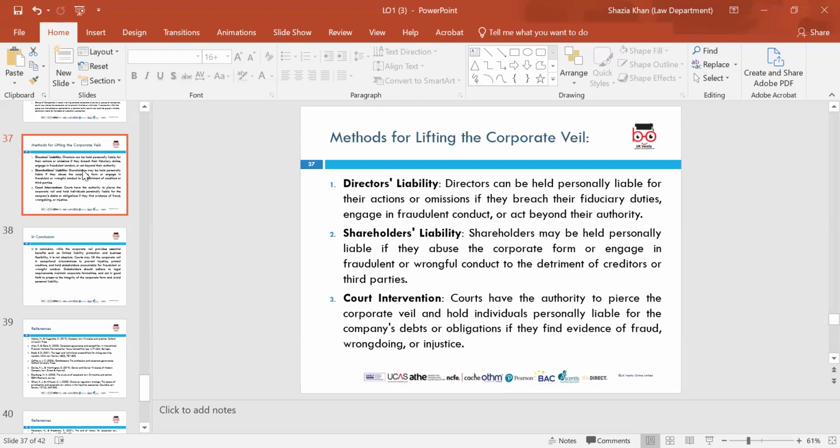Shareholders' liability. Shareholders may be held personally liable if they abuse the corporate form or engage in fraudulent or wrongful conduct to the detriment of creditors or third parties.